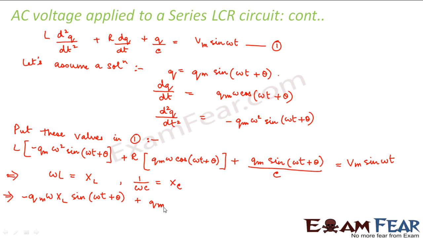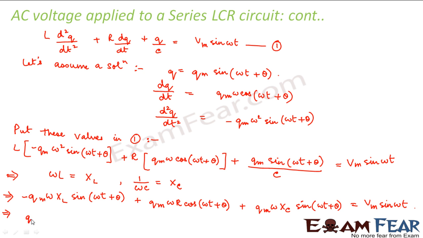Similarly, the next term becomes Qm into omega into R cos omega t plus theta. And the third term becomes Qm into 1 by C, which is omega into XC, into sine omega t plus theta, is equal to Vm sine omega t.